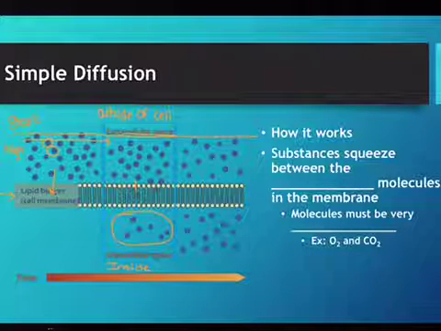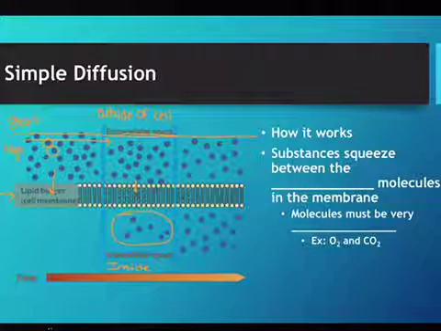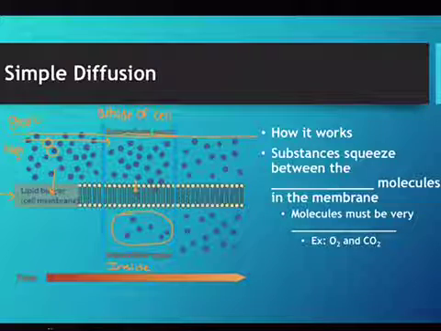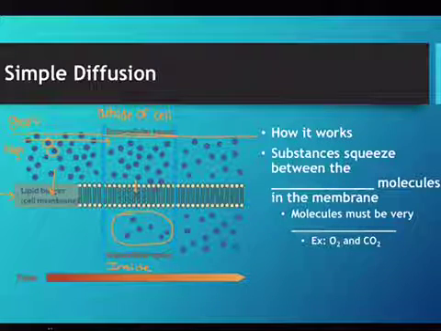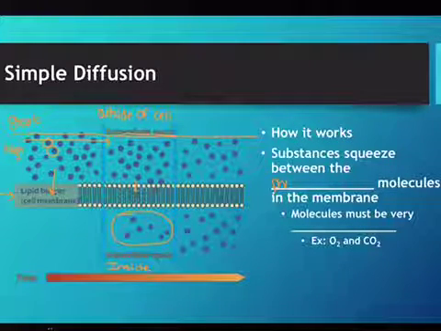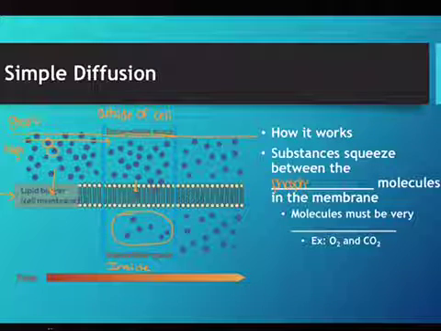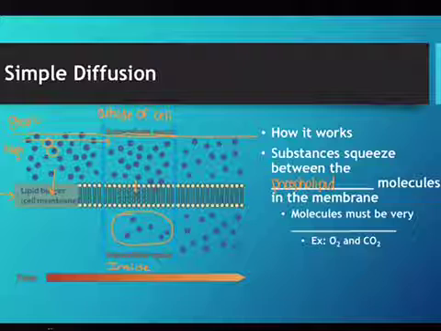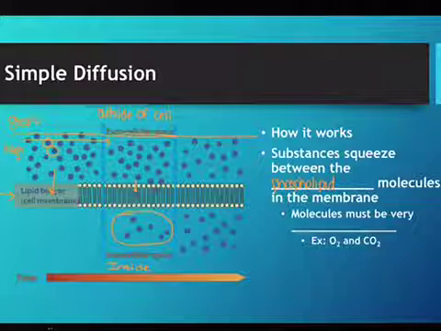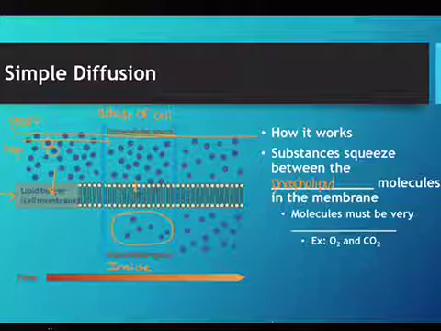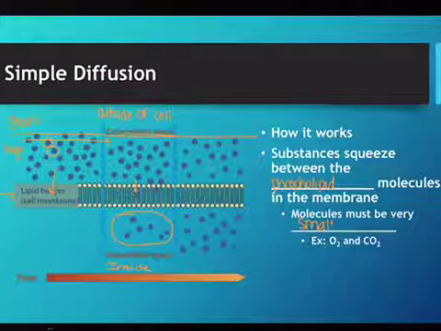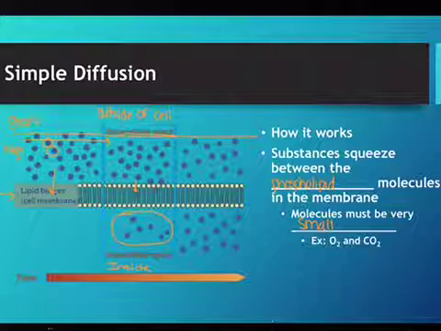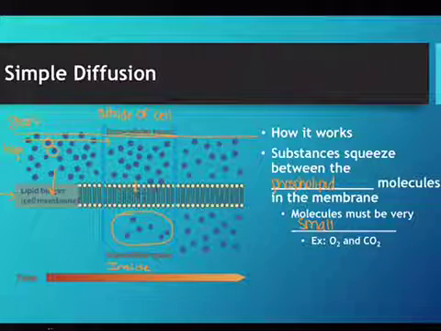And they're just squeezing through these phospholipid molecules. And remember, in order for this to happen, these molecules must be very small. And the example of small molecules would be oxygen and carbon dioxide.